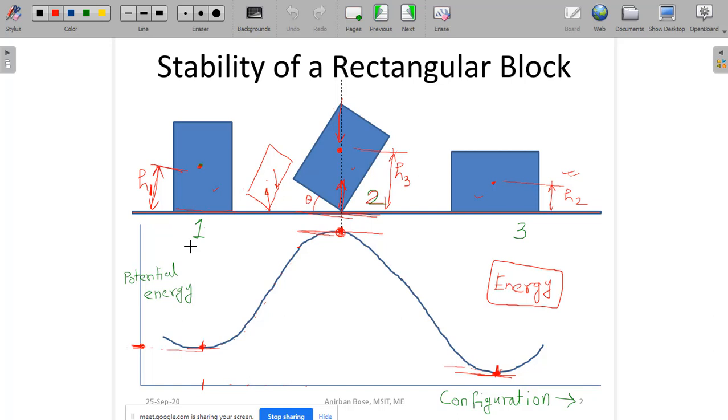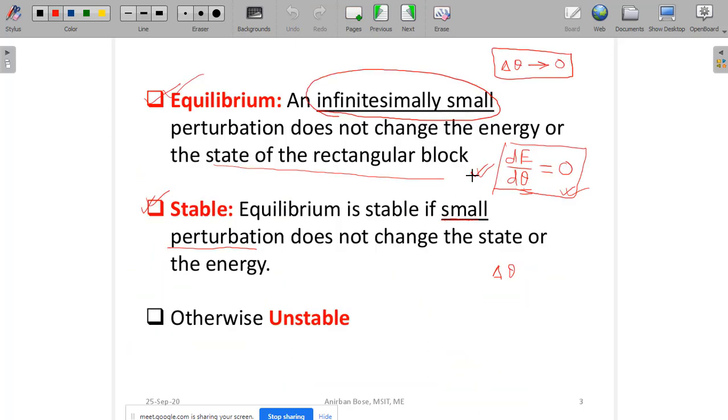You can see that corresponding to the minima position. Remember, dE d theta equal to 0 is possible whether it is a maxima or a minima. So stable equilibrium corresponds to the minima position, where the energy is minimum. This is the definition of stable equilibrium.